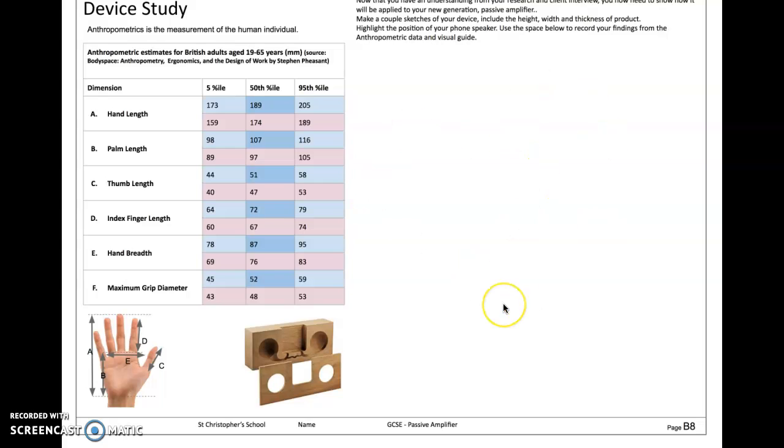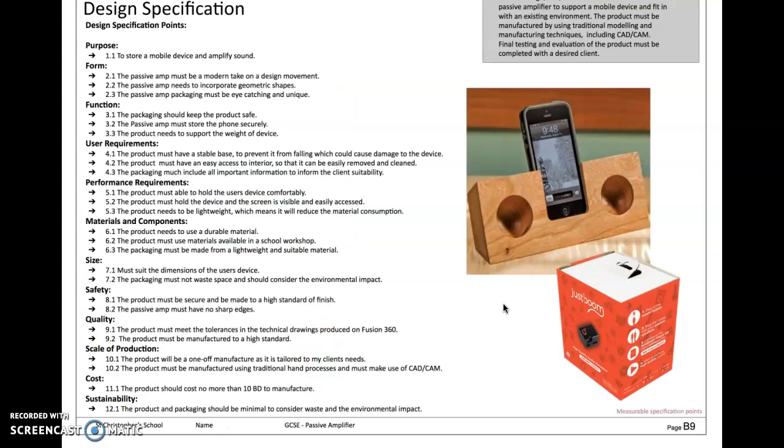The majority of this product is going to be CAD/CAM based. There's going to be very little of it, apart from probably finishing, that will specifically be handmade or hand applied.